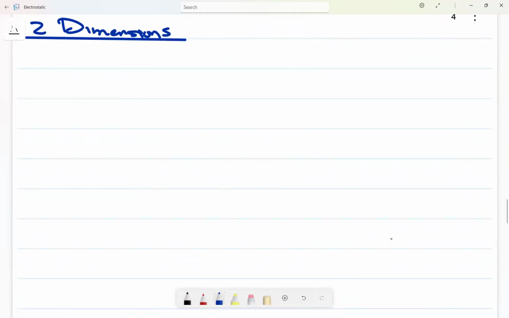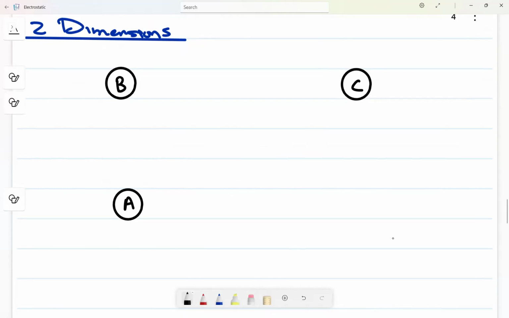Let us say now we have a charge here. Okay, this is, let's call it charge B, and we have charge A here, and we have charge C there. Okay.